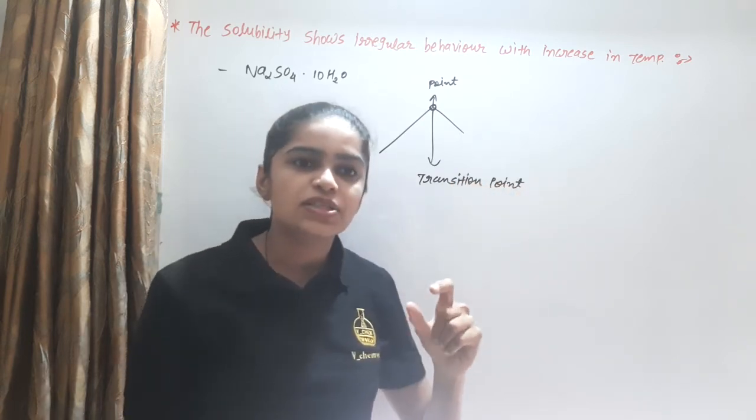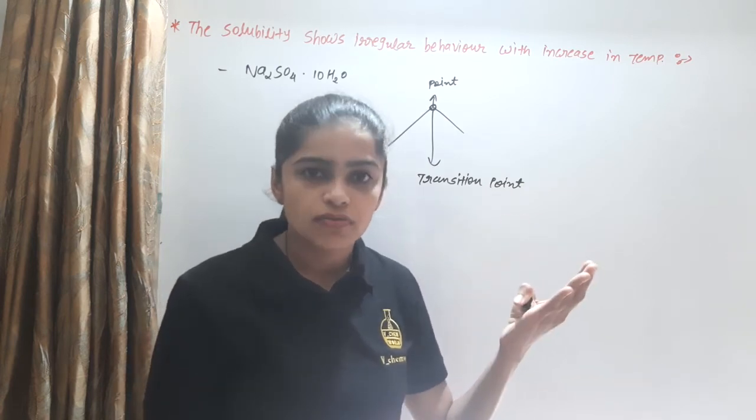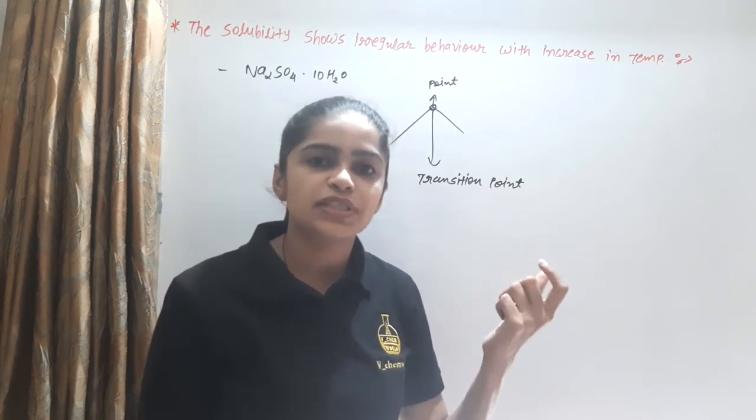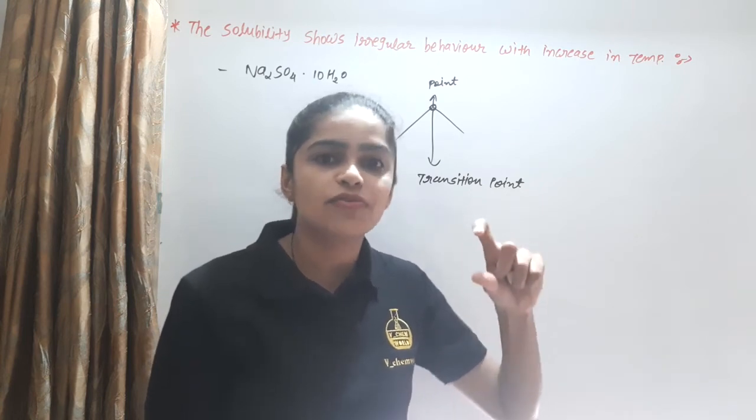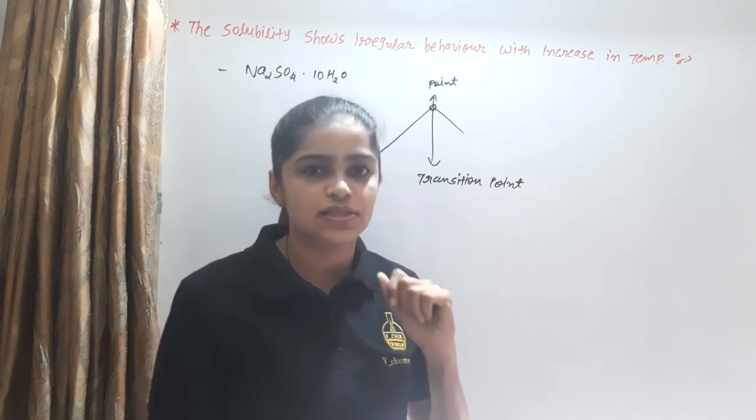Because transition means one form changing to another form. For example, when one solid is converted into another solid at a required temperature, it is known as the transition temperature.